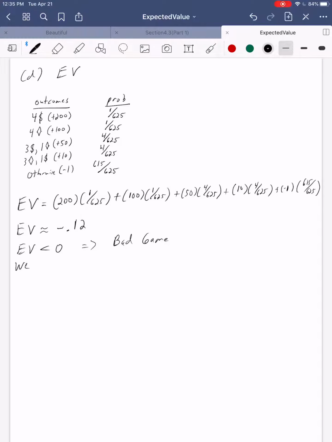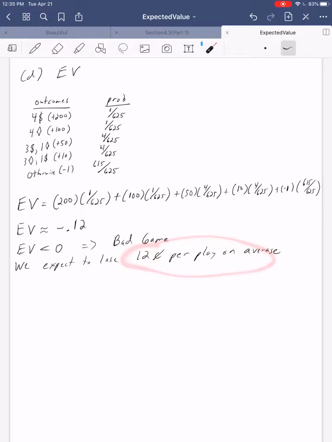So we could say we expect to lose 12 cents per play on average. So if we were going to sit down and play this machine, we are expecting to lose about 12 cents per play on average. So if we played this game lots and lots of times, we're expecting that as we play it longer and longer, the average loss is going to be about 12 cents per play.